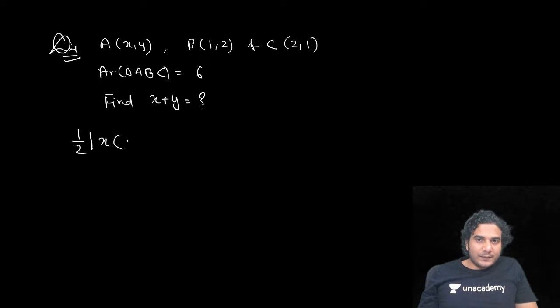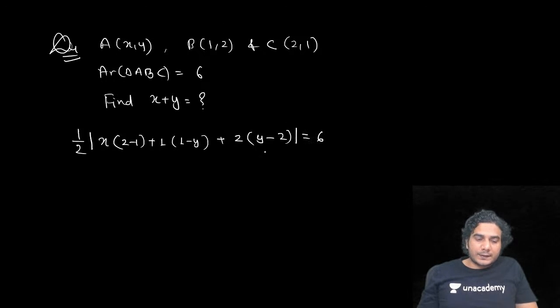x times of x1, 2 minus 1, plus x2, which is 1 into y3 minus y1, so there is 1 minus y. Plus x3, which is 2 times of y minus 2.